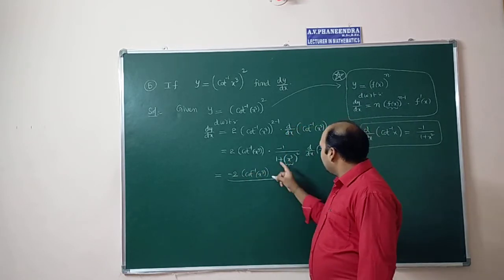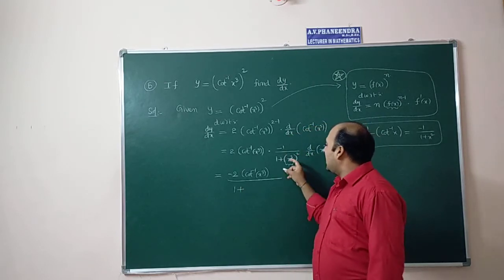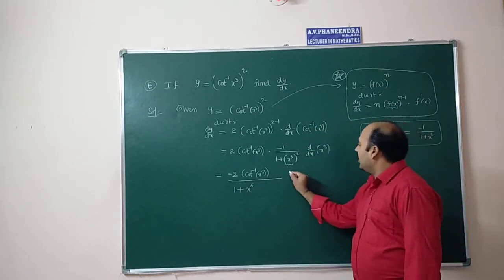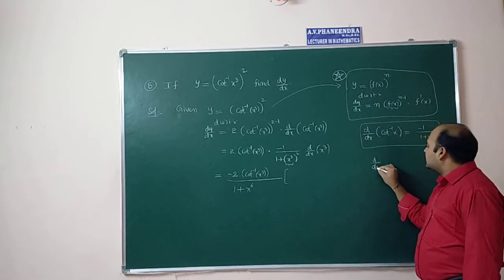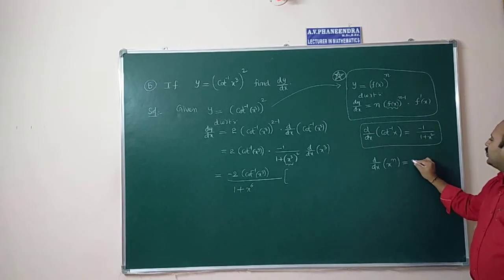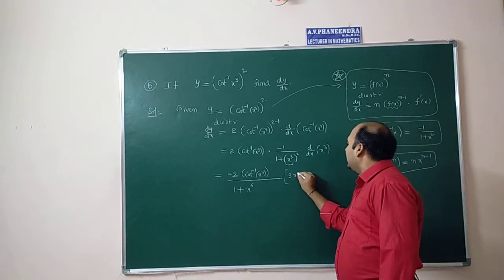divided by 1 plus x power 3 whole power 2, that means a power m whole power n, a power mn, 3 into 2 is 6, into d by dx of x power 3. d by dx of x power n, the standard result in differentiation, is n into x power n minus 1. So here n is equal to 3, 3 into x square.